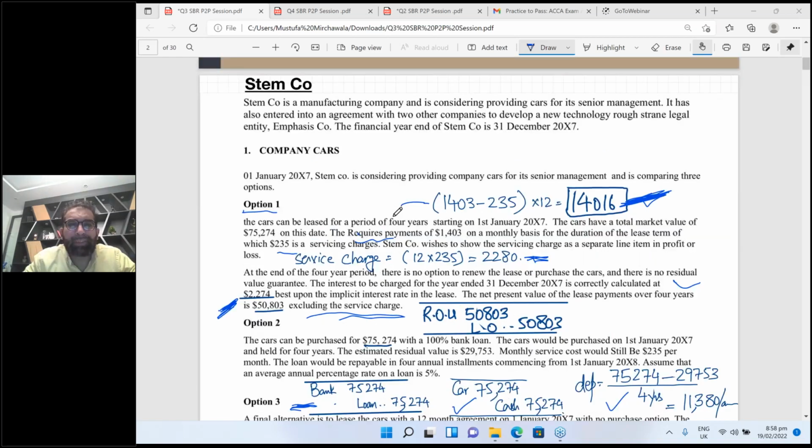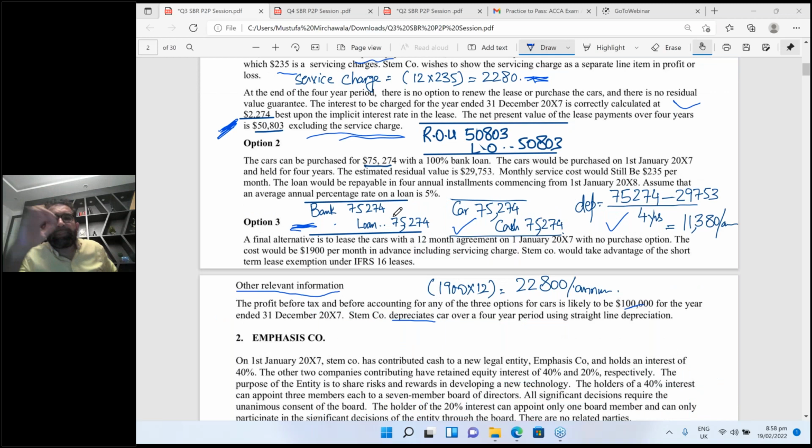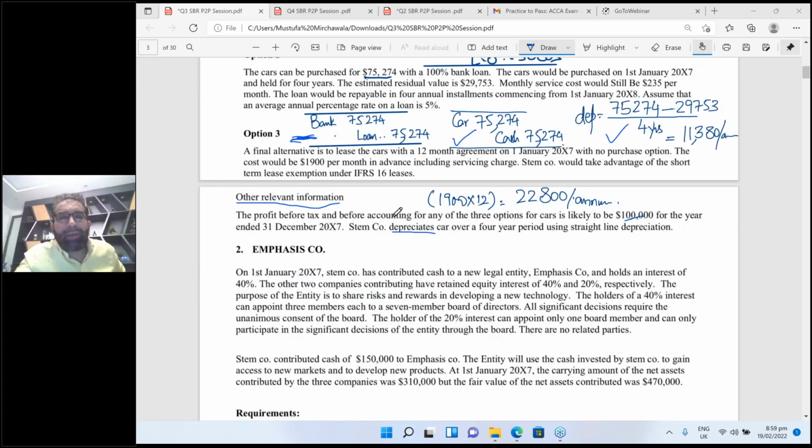See, option number 3. You all know this much, IFRS 16. If you take any asset on lease for less than 12 months, then this is an operating lease and you don't need to recognize any ROU or any lease obligation. Read it. A final alternative is to lease the car within a 12 months agreement on 1st January X7 with no purchase option. So it is a pure less than 12 months deal.